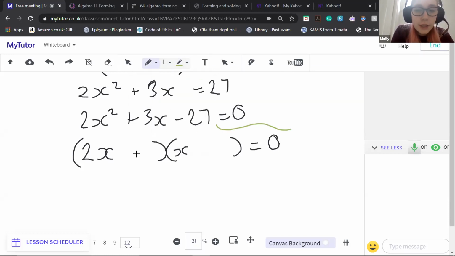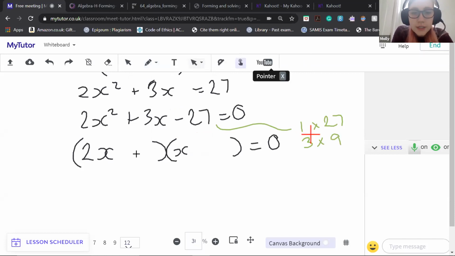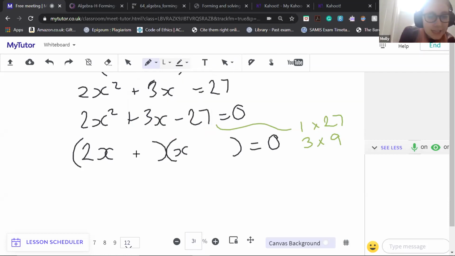And we know that they have to multiply to be 27. So it's 1 and 27, or it's 3 and 9. I think that's it. So 1 and 27 is going to be too big to make this 3. So it's going to be 3 and 9. And one of them has to be added, and one has to be negative, and one has to be multiplied by 2. So if you watch my other video, you see all the trial and error process that I do.